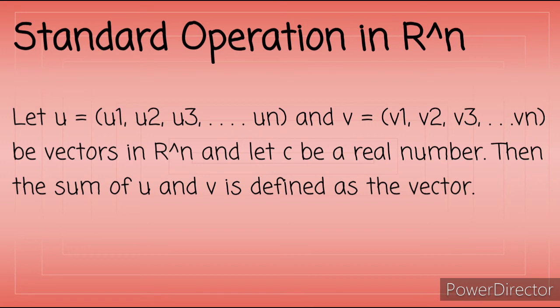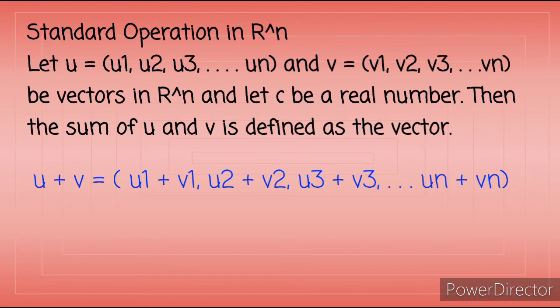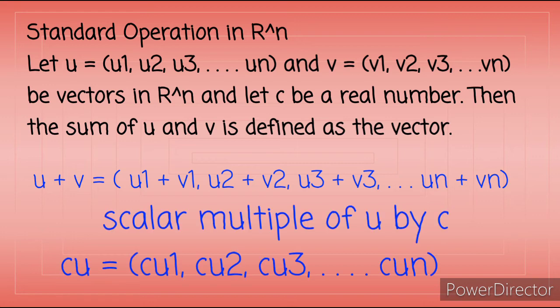Then the sum of u and v is defined as the vector u plus v equal to (u sub 1 plus v sub 1, u sub 2 plus v sub 2, u sub 3 plus v sub 3, up to u sub n plus v sub n). And the scalar multiple of u by c is defined as the vector cu equal to (cu sub 1, cu sub 2, cu sub 3, up to cu sub n).